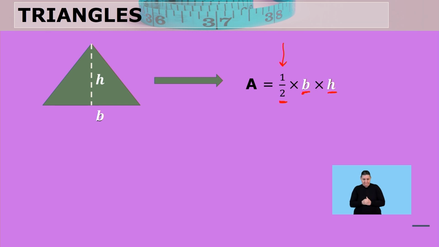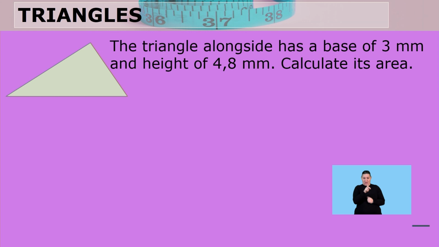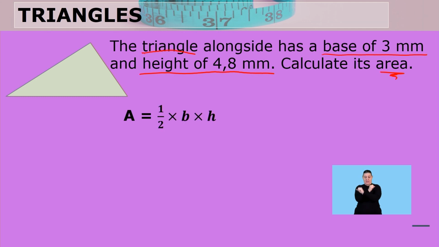All right. So to look at a triangle example, the triangle alongside has a base of 3 millimeters and a height of 4.8 millimeters. Calculate its area. Again, the triangle's formula is different to that of a square and that of a rectangle. If you remember, we have the half times base times height.